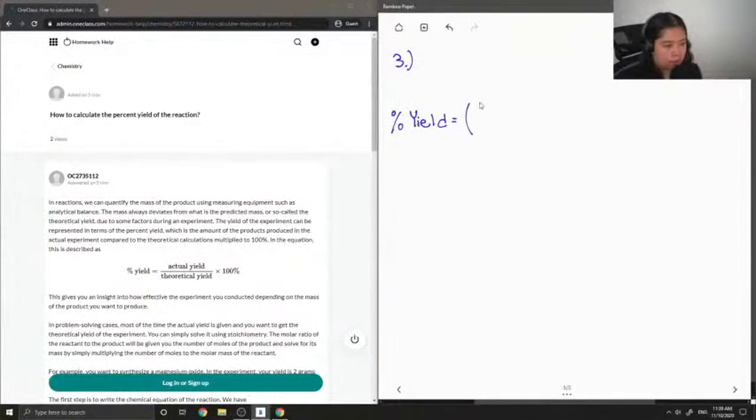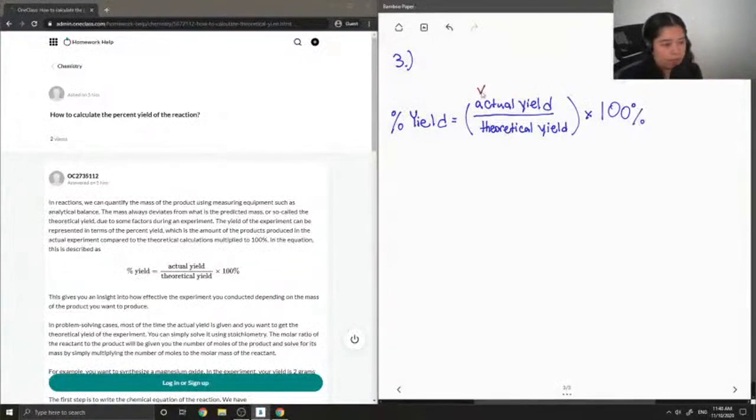So basically, percent yield is the actual yield divided by your theoretical yield multiplied by 100%.